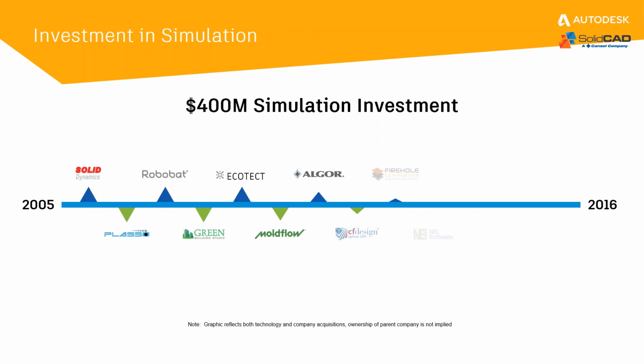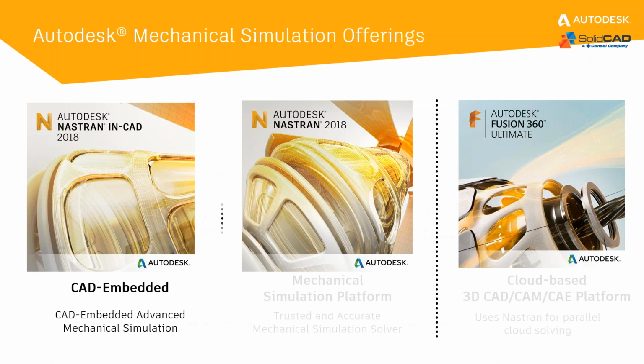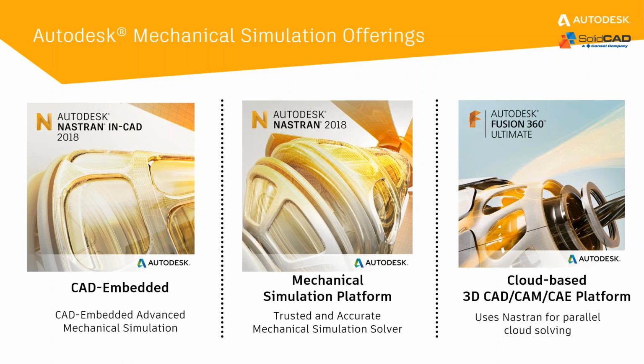This is a result of long-term strategy. In the last 10-12 years, Autodesk invested over $400 million in simulation tools. On the mechanical simulation side, there are basically currently two products which would require your attention.